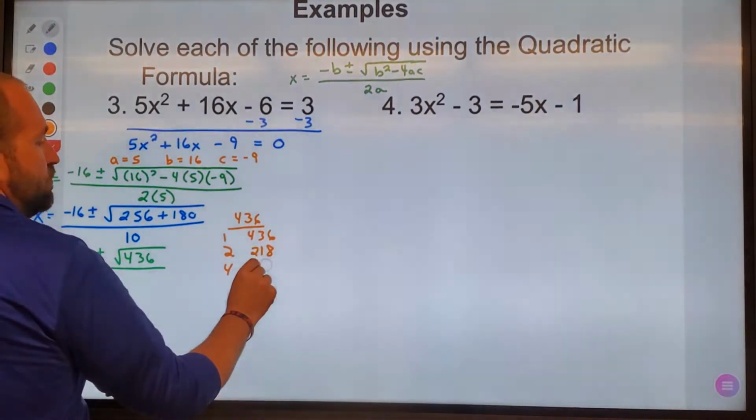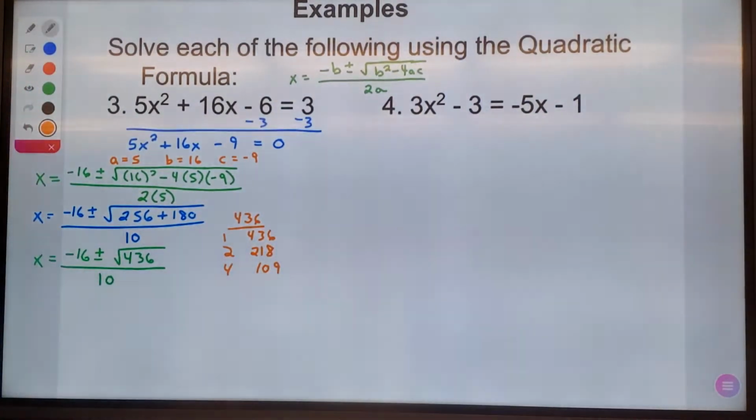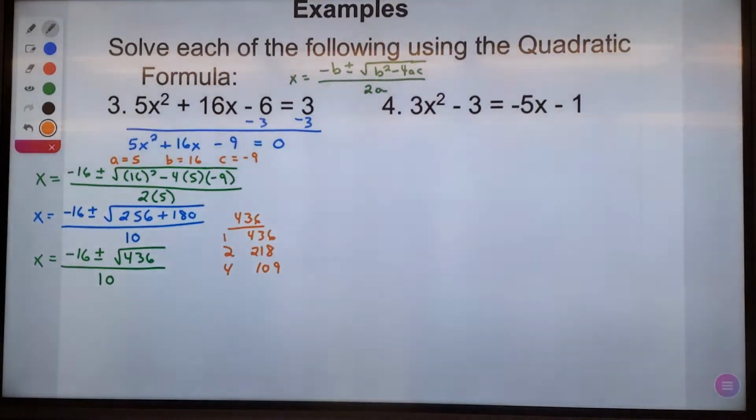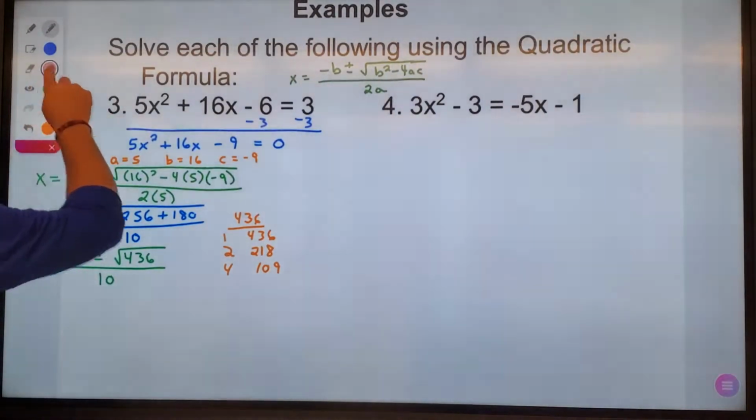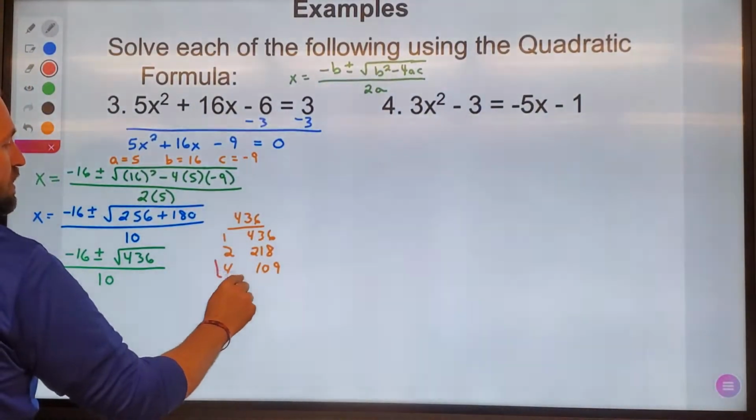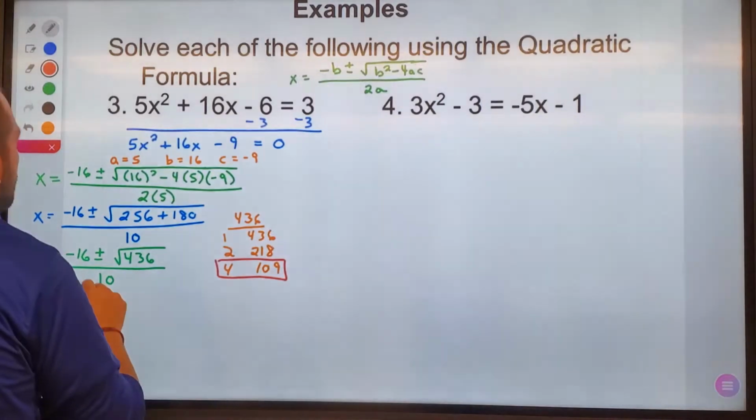Then I have 4 and 109. You can try your luck between 5 and 108, but you're not going to find much, actually nothing. So that's a lot of time that you would waste. So we're actually going to use the 4 and the 109.